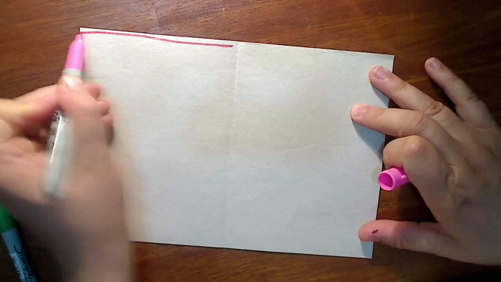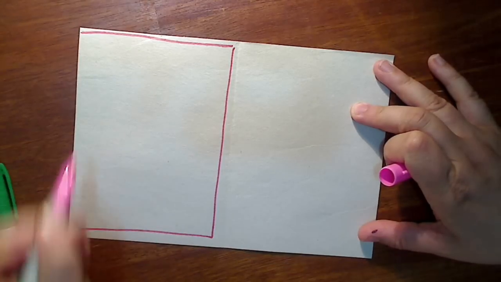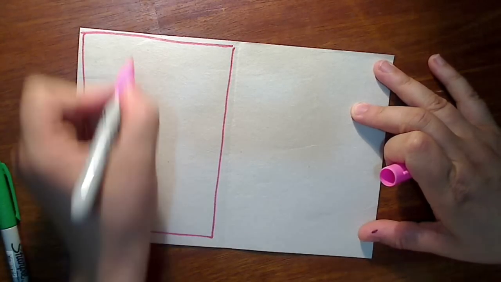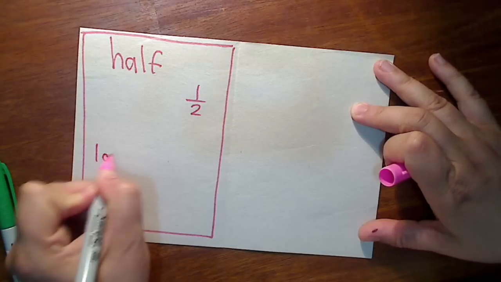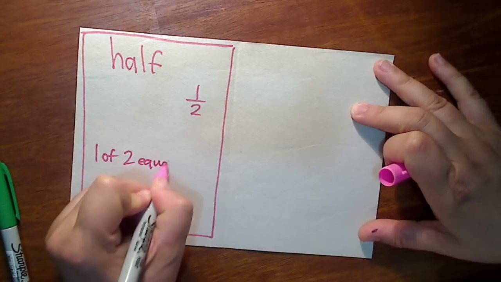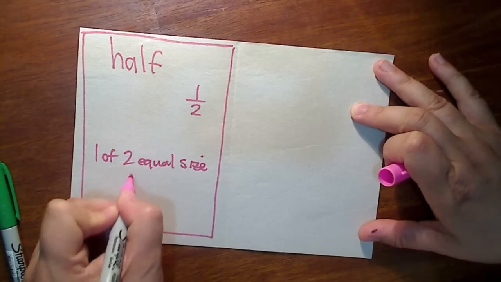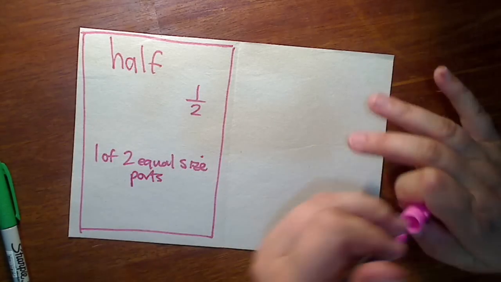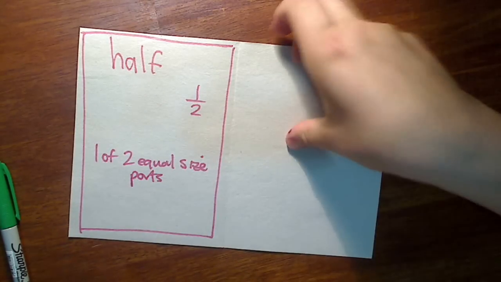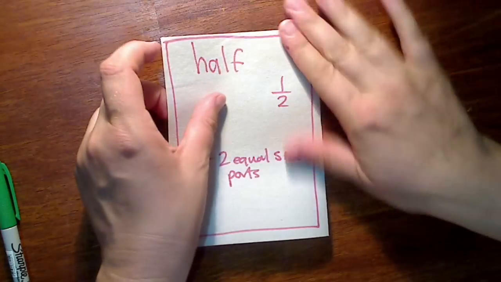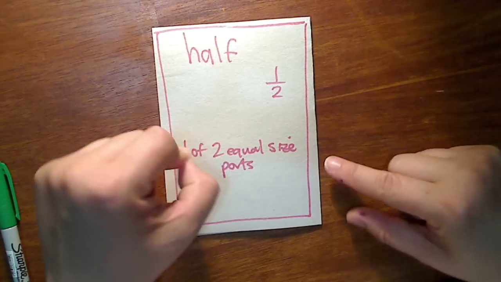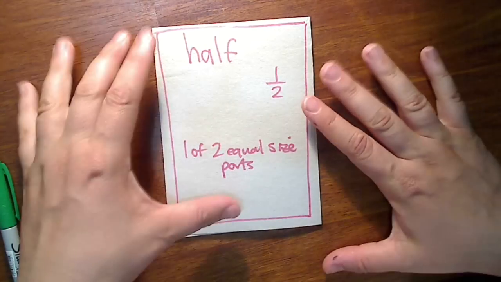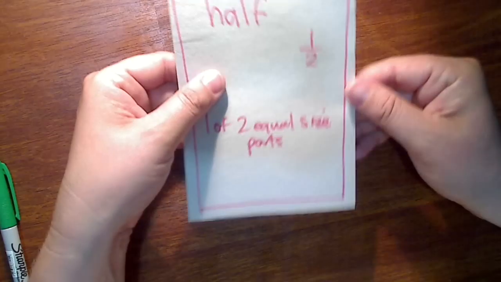Frame and name one of those. So, starting with the half now, what I want you to do is start with the half and now fold this one into thirds.